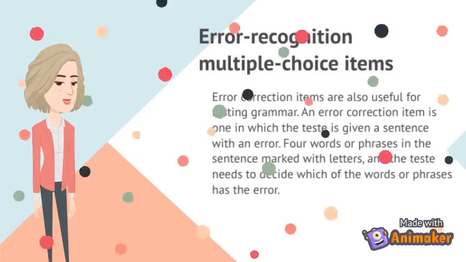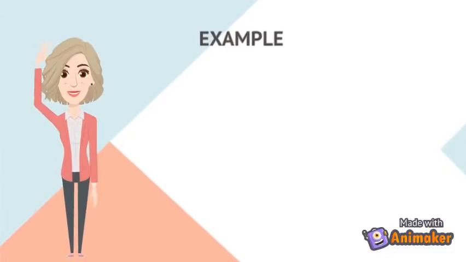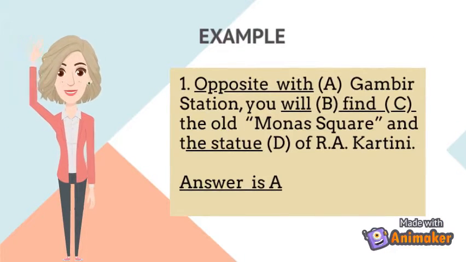Okay, now we go to the example of error recognition multiple choice items. Number 1. Opposite with Gambir Station, you will find the old Monas Square and the statue of R.A. Kartini.